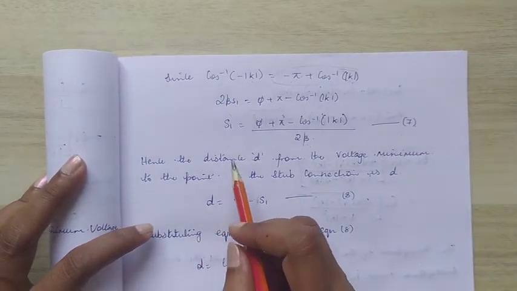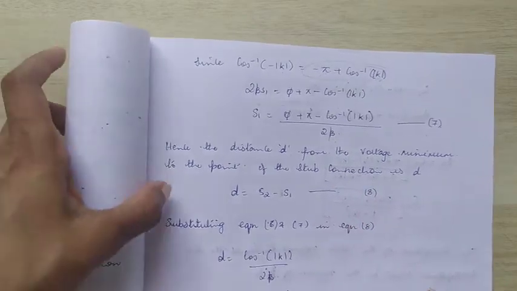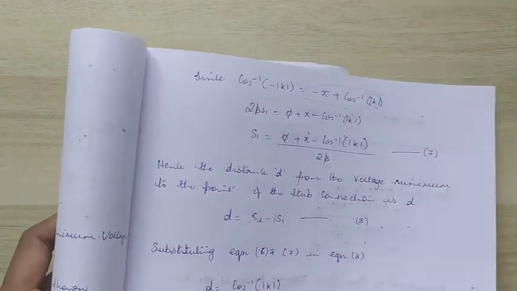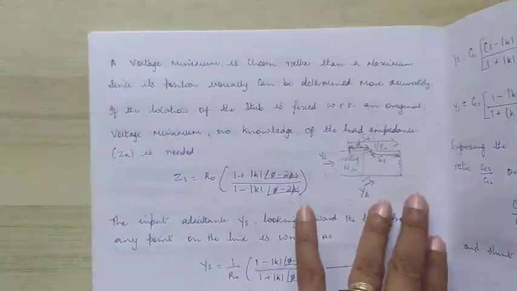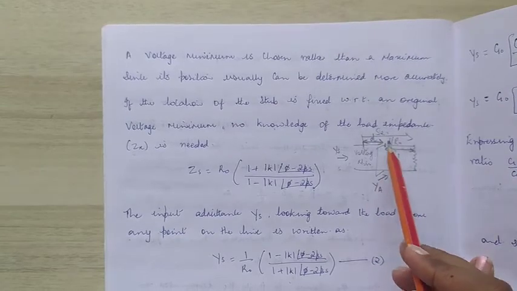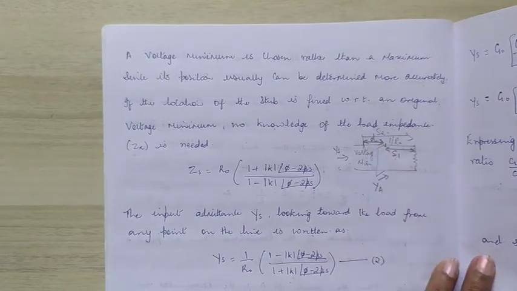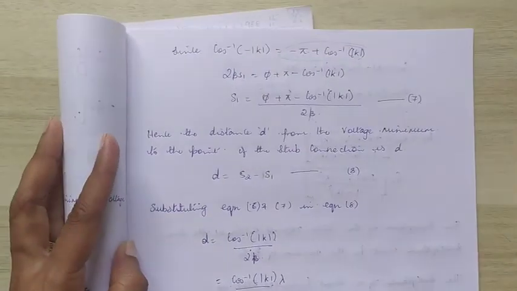Now, hence the distance d from the voltage minima to the point of the stub connection: if you look at this particular figure over here, S2 minus S1 is going to give you the distance D, and that's exactly what we are going to do in the next part.